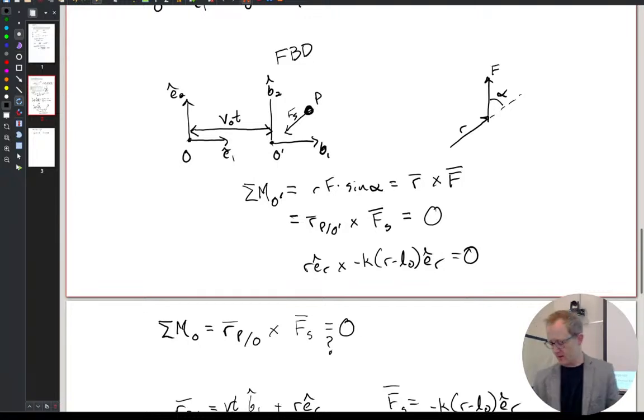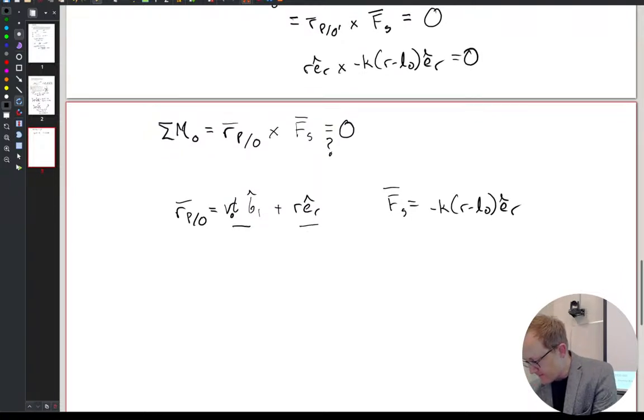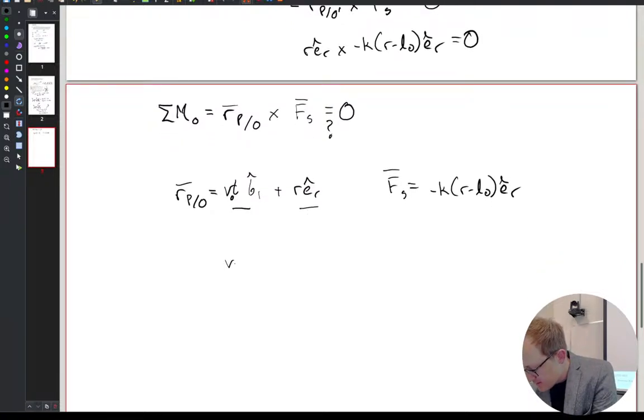Yeah, so here I've got these two parts now, right? So when I say V0T B1 plus R ER, crossed with negative K R minus, oh, why did I do it negative?